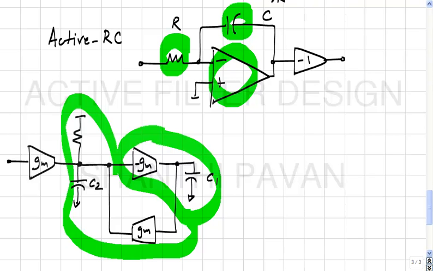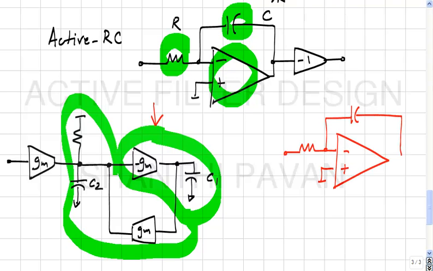Now, if I want to realize this character, how will I realize this using active RC form? This voltage VLP is the integral of VBP with a negative sign.